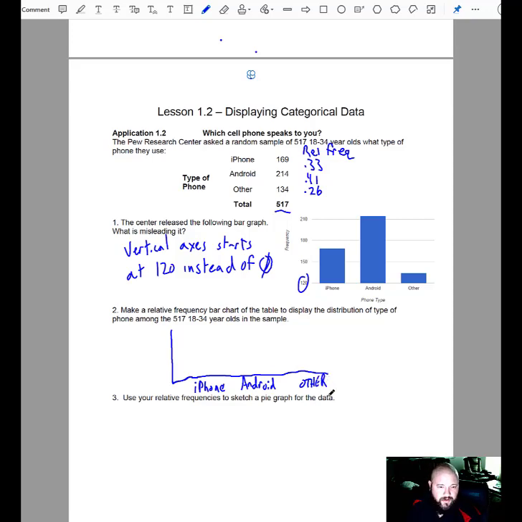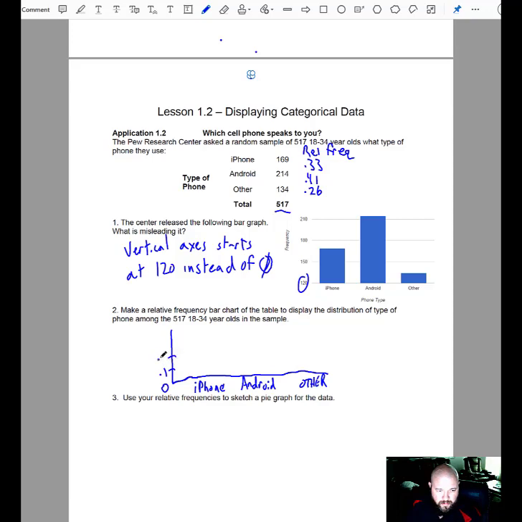Okay, so now again, where should we start out our axis at? Start out at 0. So start at 0, and let's just make this easy. We'll go 0.1, because the highest we went up was 0.41, so we'll just go in tens here.